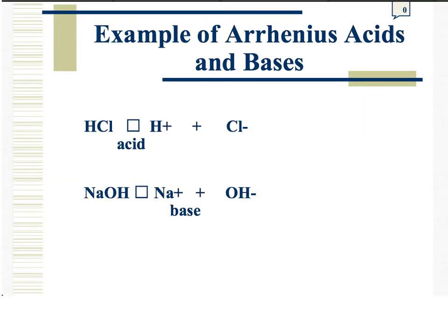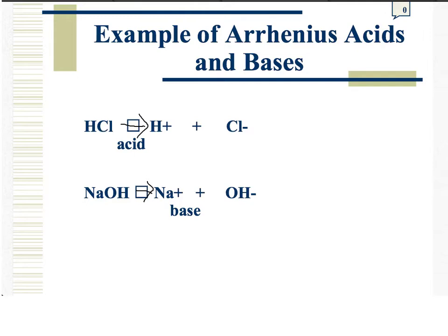Here we have a couple of examples of Arrhenius acids and Arrhenius bases. Real quickly, a little quirk that came when I opened this in Gmail and transferred it over: you see this little box, right? What this should read is HCl arrow H+ ions, Cl-, meaning it breaks apart. Again, NaOH should have an arrow there. Now, here's the teachable part.